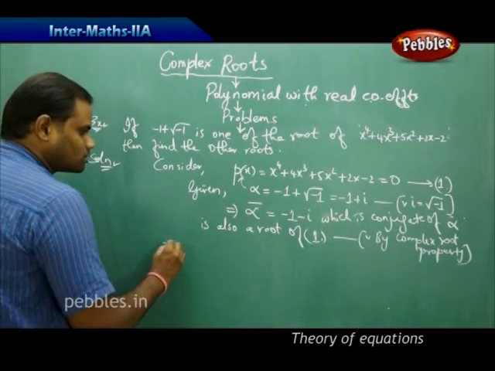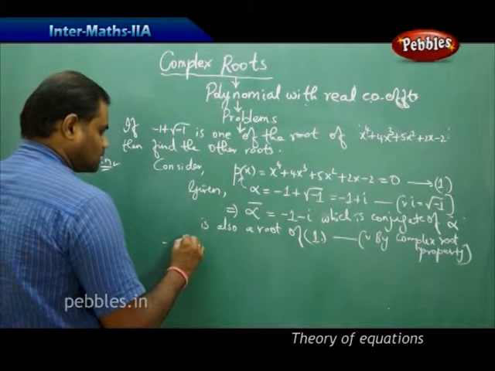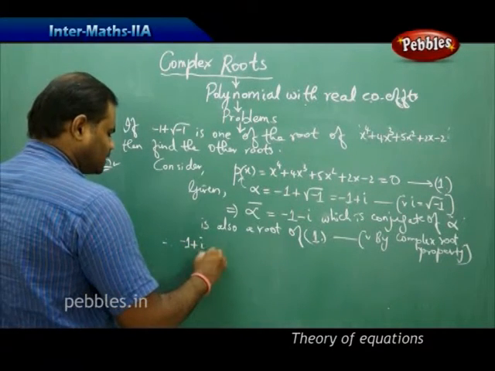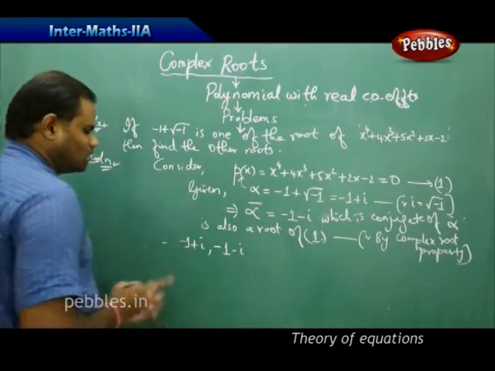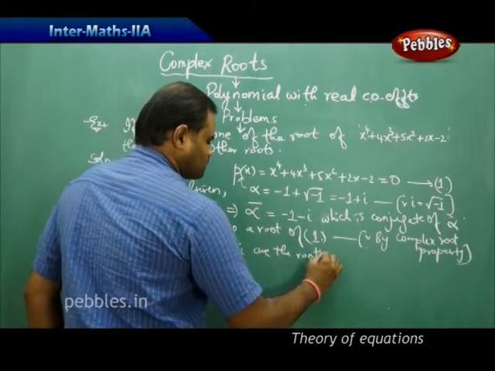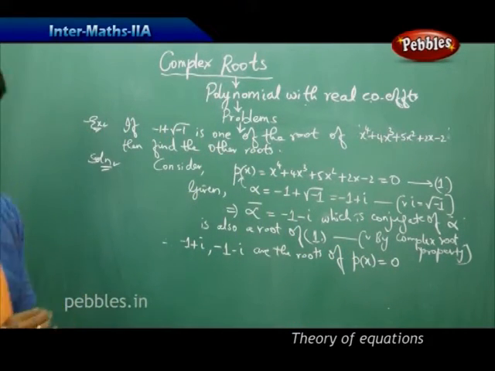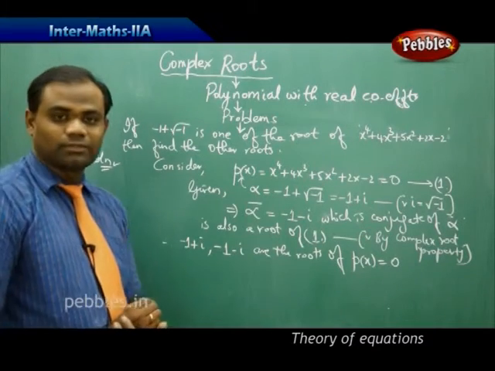Therefore, I have 2 roots, that is -1 plus i and -1 minus i, which are the roots of p of x equal to 0. So I got 2 roots through which I'm going to find the remaining 2 roots.